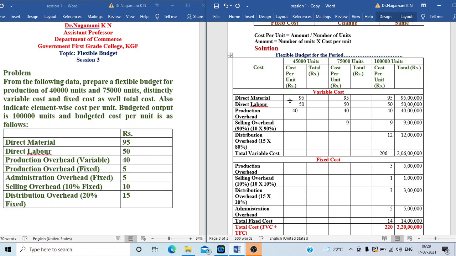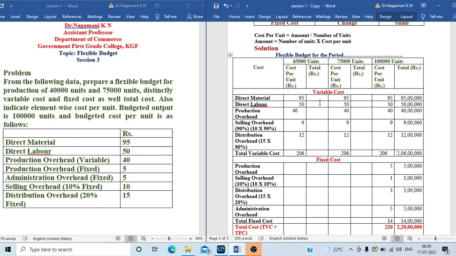Then selling overhead 9, distribution overhead 12, because variable cost per unit will remain same and the total is 206. Total variable cost per unit for 45,000 and 75,000 units is 206 and 206.